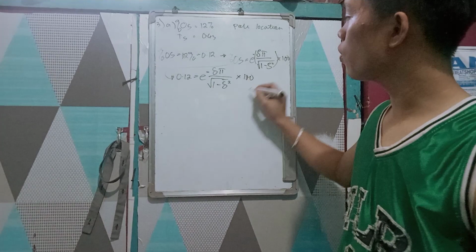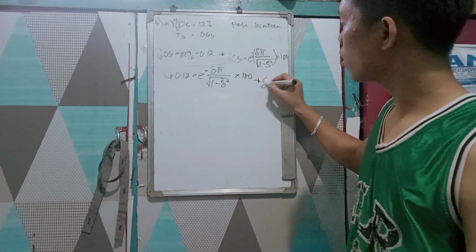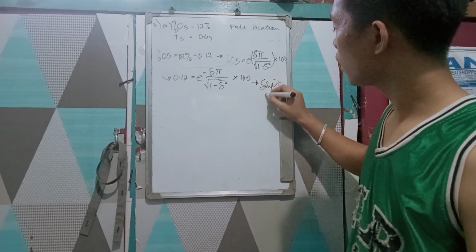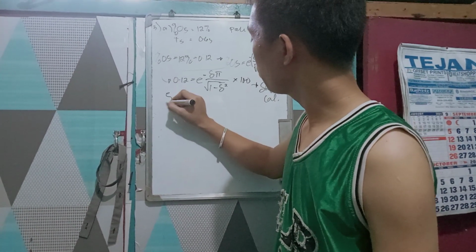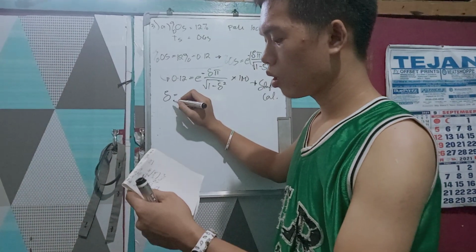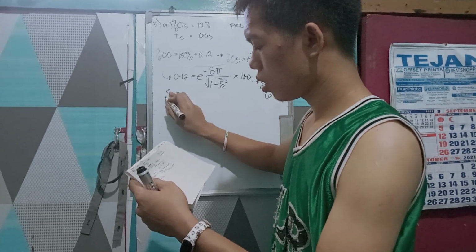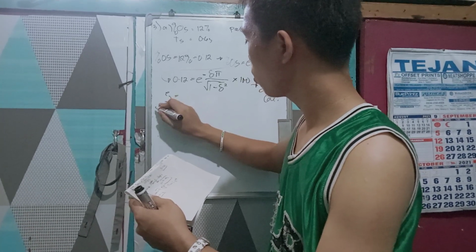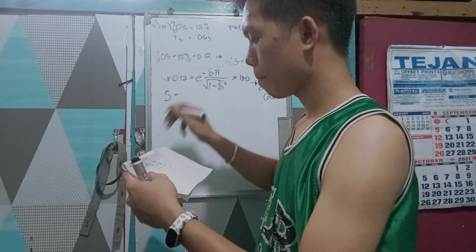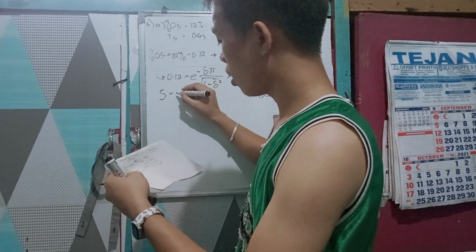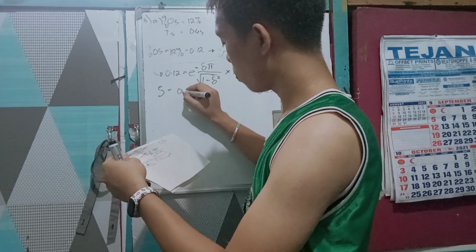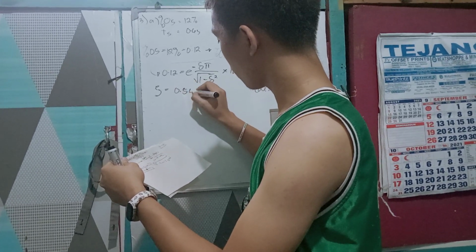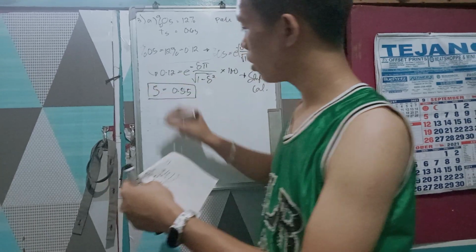So if we shift and calculate that in our calculator, we will have the damping ratio equal to 0.55. So this is our damping ratio.